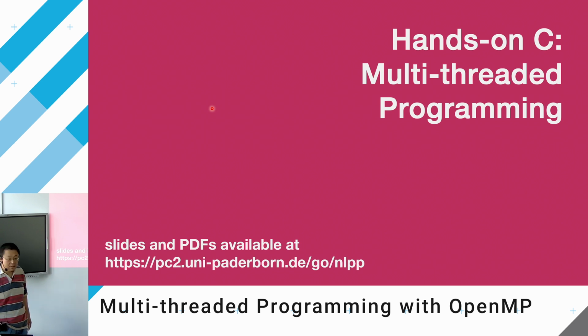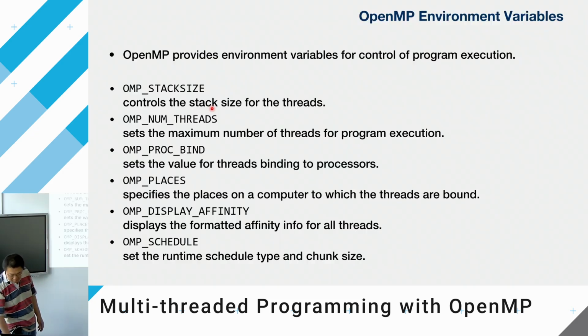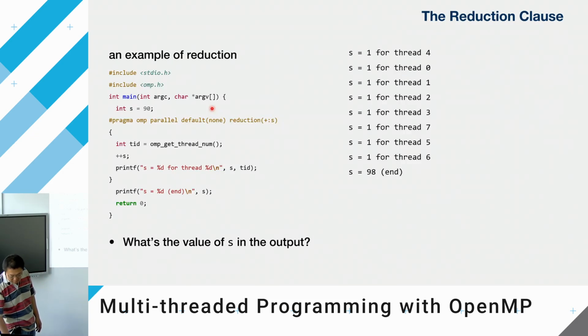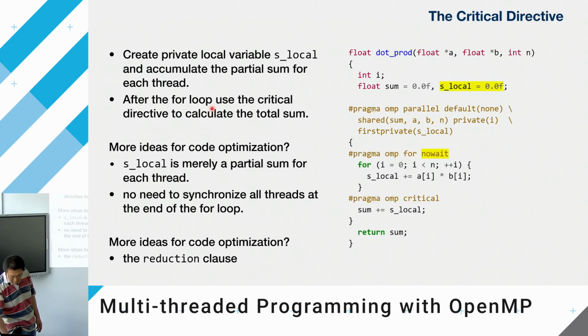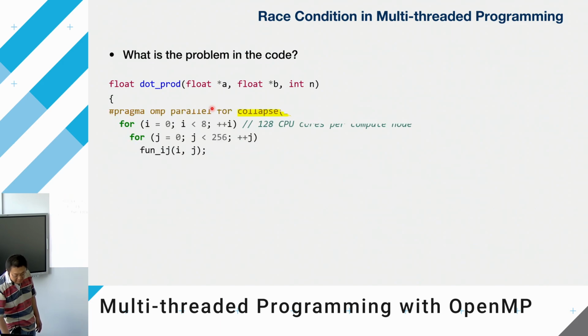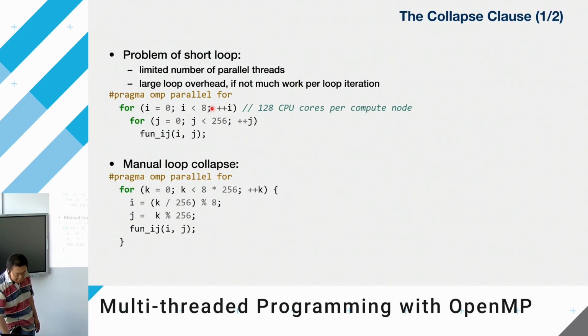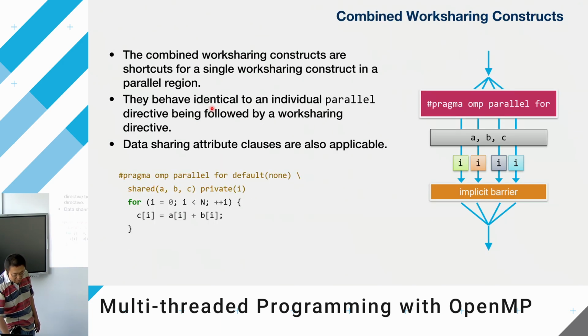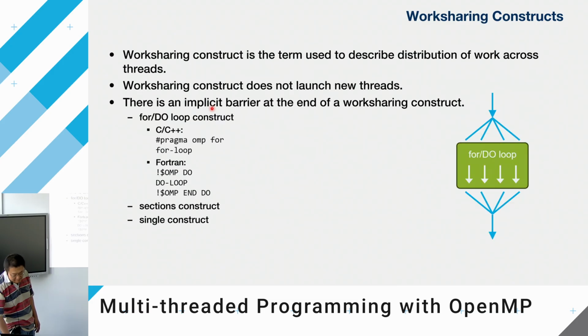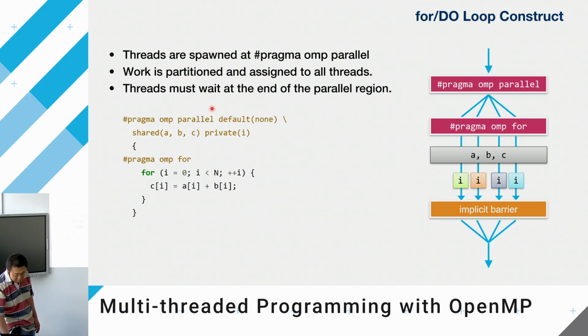Yes? If there's no other question, can you go more into detail about the nowait option? Because I was wondering, like, why would they wait otherwise? Yes, because by the OpenMP standard, there is always a synchronization at the end of the for loop. As you can see, this implicit barrier.